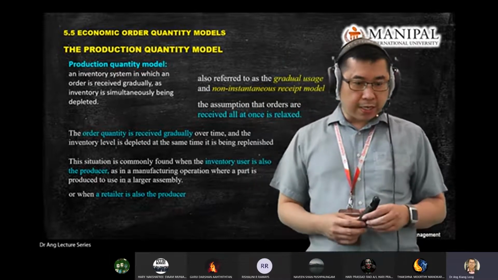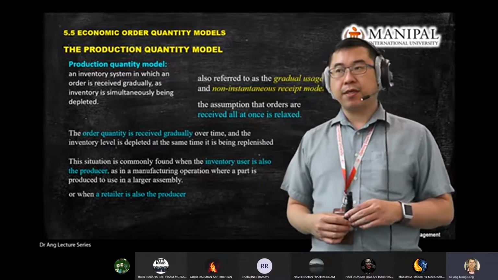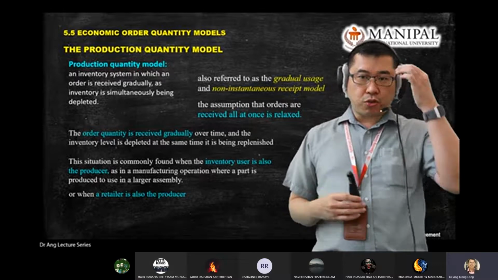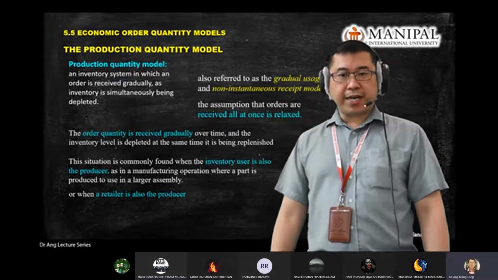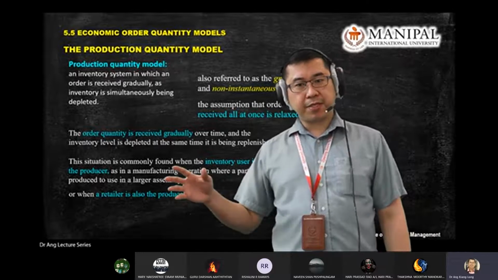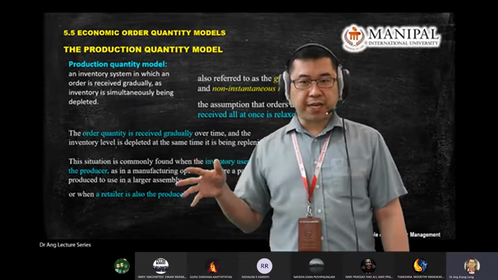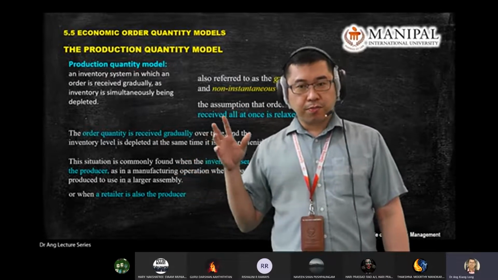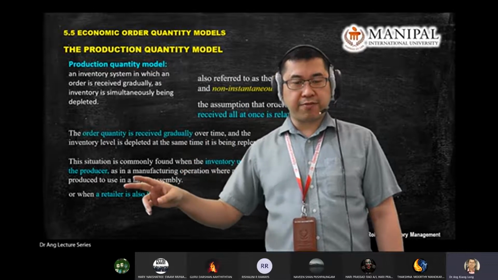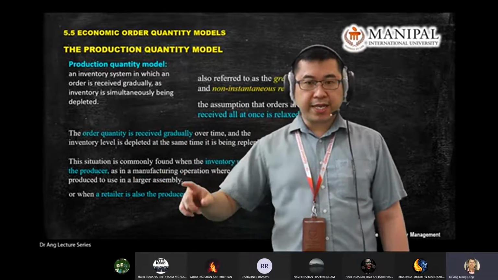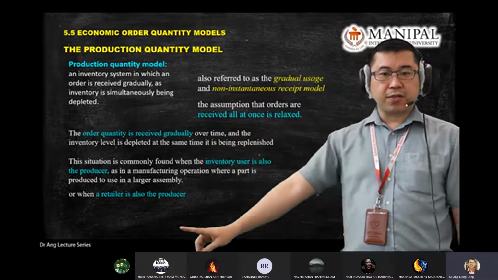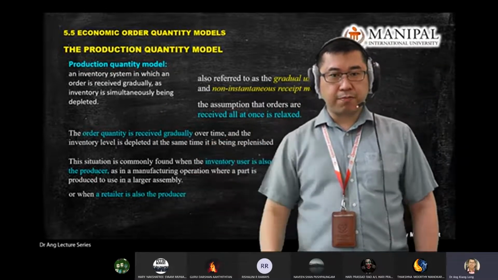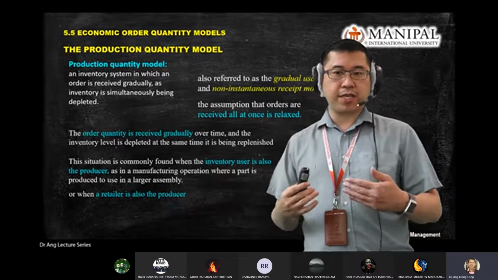For example, a drone manufacturer like DJI. If you go to the outlet, sometimes they are also the factory who produces the drone, and they have a retail shop. So they send their products directly to the retail shop. Then they use the production quantity model in their inventory.